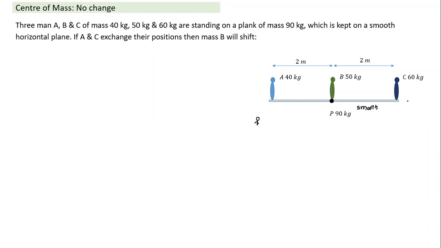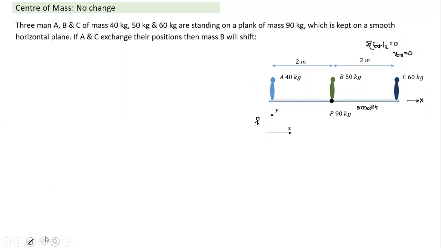But if I take the horizontal direction as the x direction, no external force is acting on this whole system. So the summation of the x component of all external forces is equal to 0, and the initial velocity of the center of mass is also 0. Initially, all of them are at rest. So whatever center of mass I have initially, later on the center of mass will remain unchanged. So this is of the category with no change in the position of the center of mass.